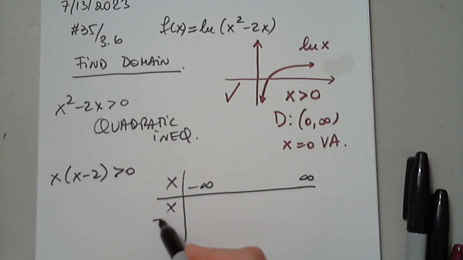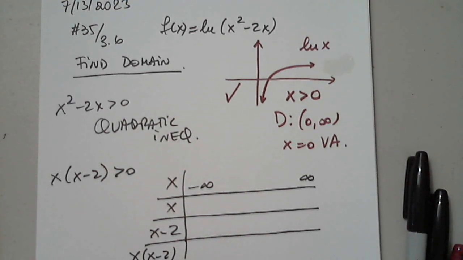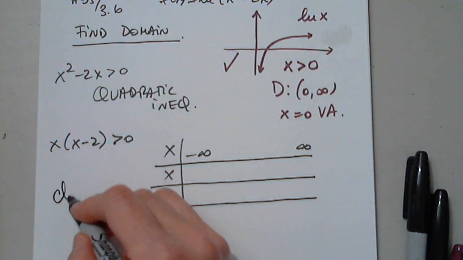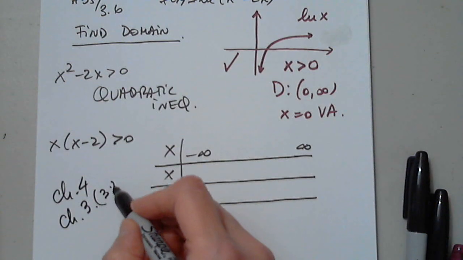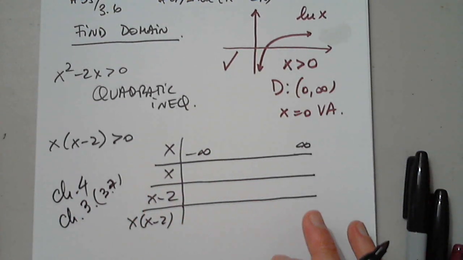X is the first factor. X minus 2 is the next factor. And we are interested in studying the sign of the product. I need this concept for chapter 4 and also for chapter 3, section 3.7 that we are going to start right now after this. Not immediately, I have another concept.